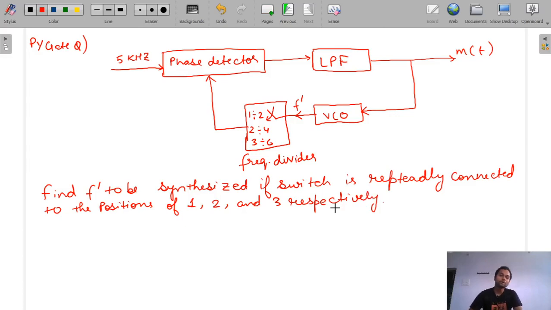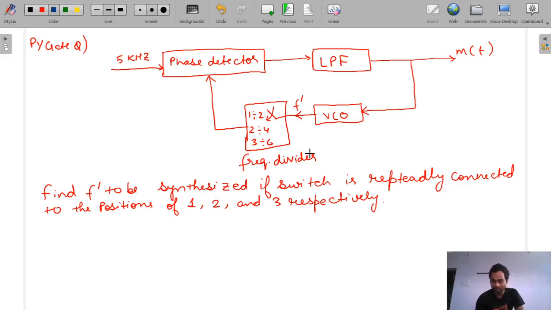Okay, so what is this question? You have to find F dash to be synthesized if the switch is repeatedly connected to the position 1, 2, 3. In first position the frequency divided by 2, in second position divided by 4, and in third position divided by 6.